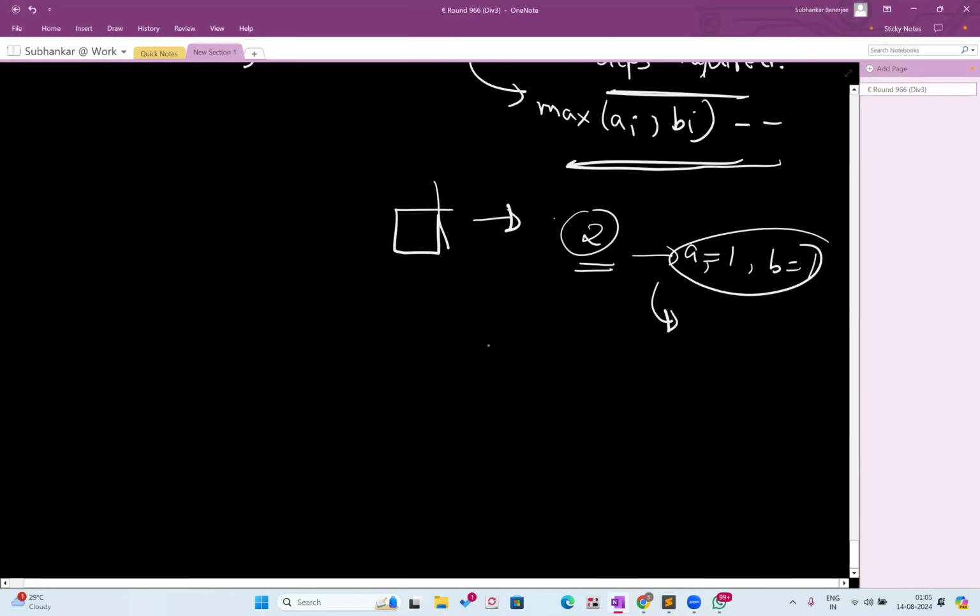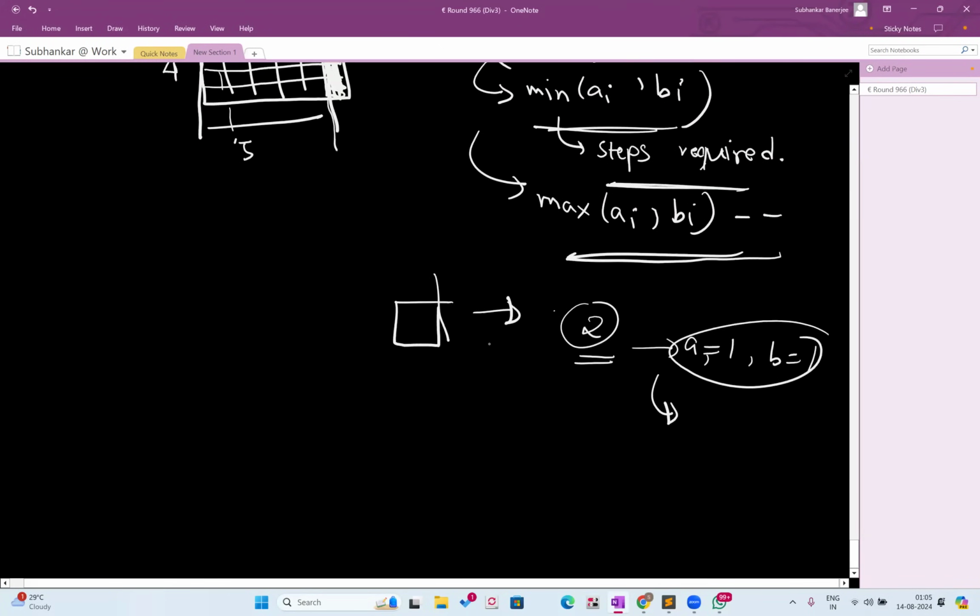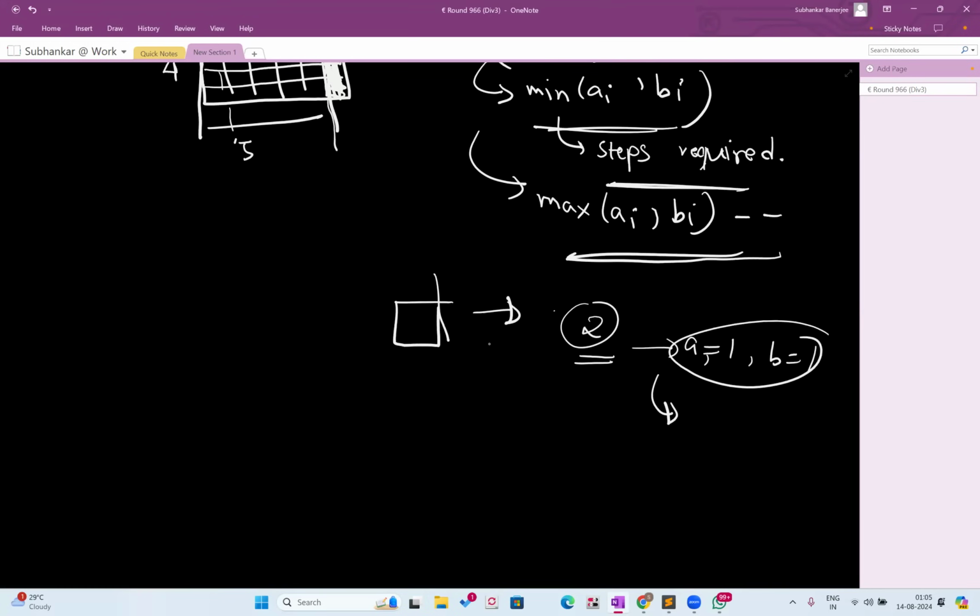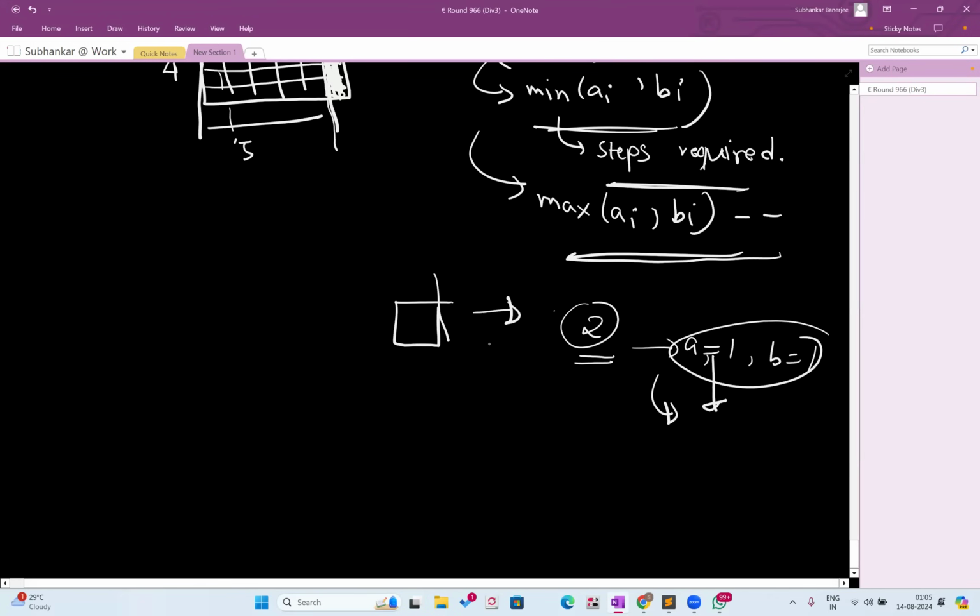So when we take the minimum among them and reduce it, suppose both are minimum, so I can just reduce any one. a equal to 0 and b equal to 1. So I just get an imaginary rectangle of this dimension, right?